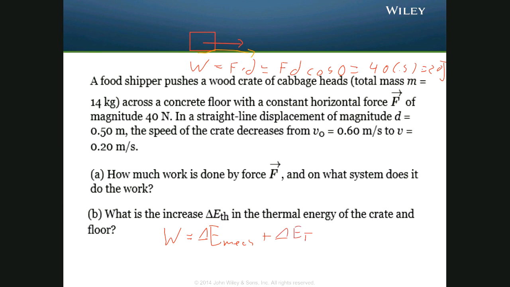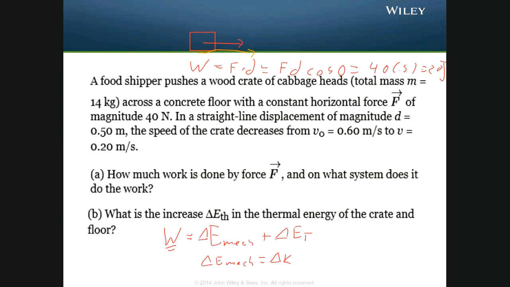And we already got the work from part A. And we can remember delta E mech here, right? We notice there's no potential energy. So for this problem, it's going to be equal to just delta K. And I want to point that out. This is one of the reasons I tell you not to memorize a bunch of stuff.